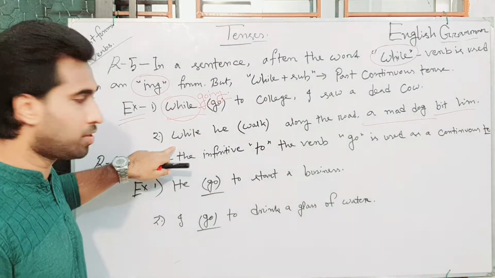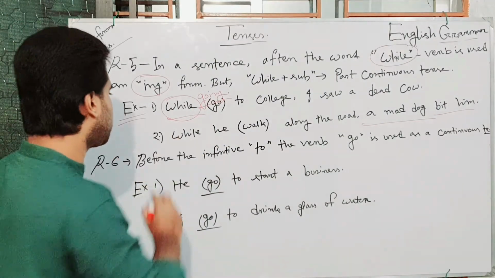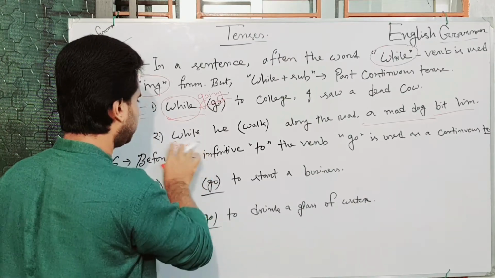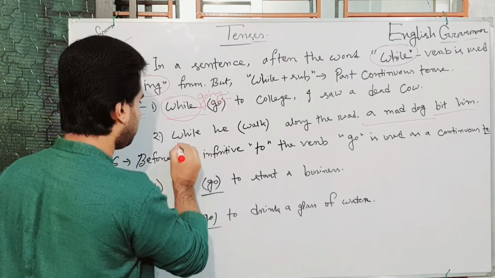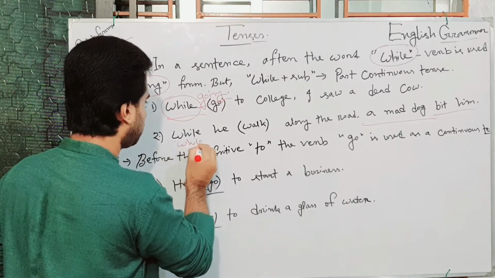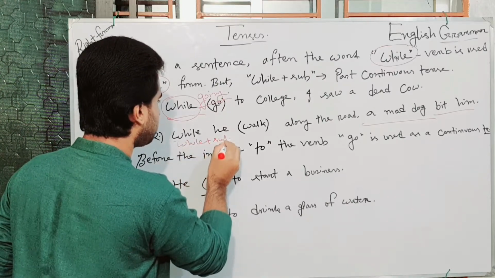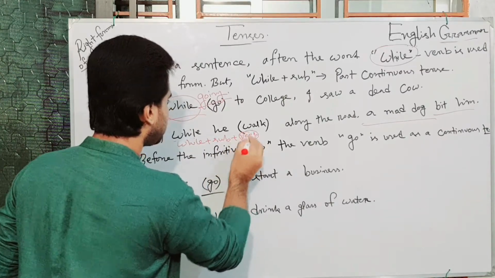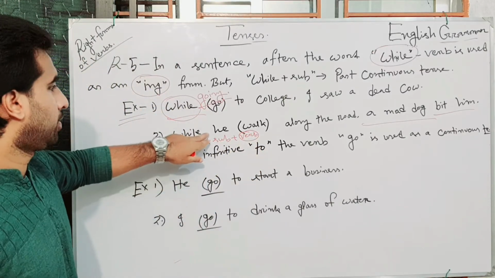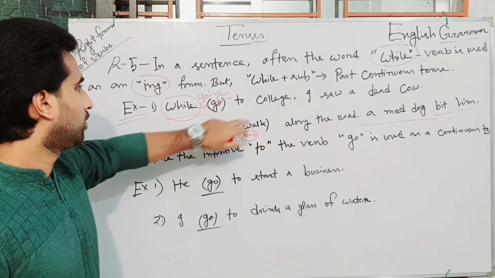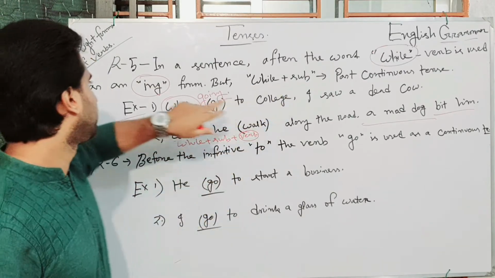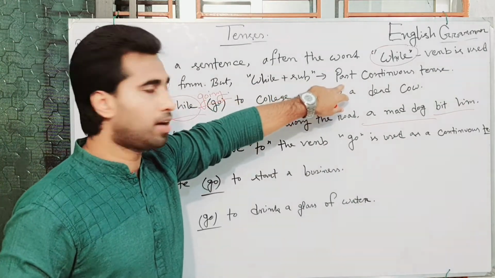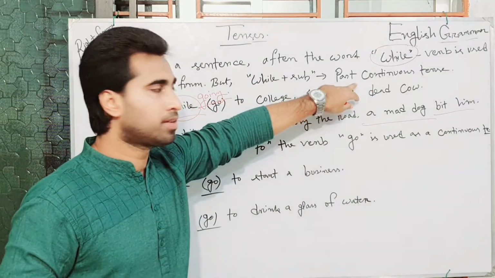But in the case of while plus subject plus verb, look at this. While plus subject is followed by the past continuous tense.